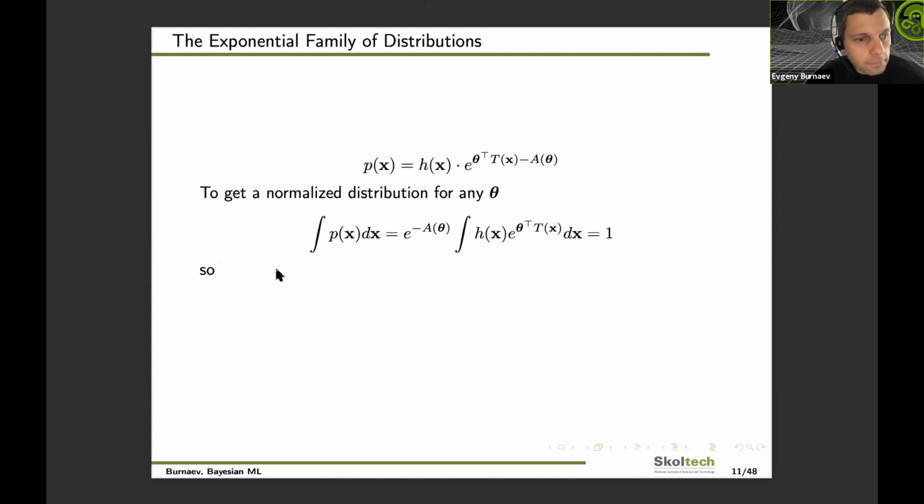First of all, let's consider normalization. What is normalization? Because p of x is a density function, the integral of p of x dx should be equal to 1. This is the expression for the integral. And so we see that the function exponent of a of theta is equal to this integral.